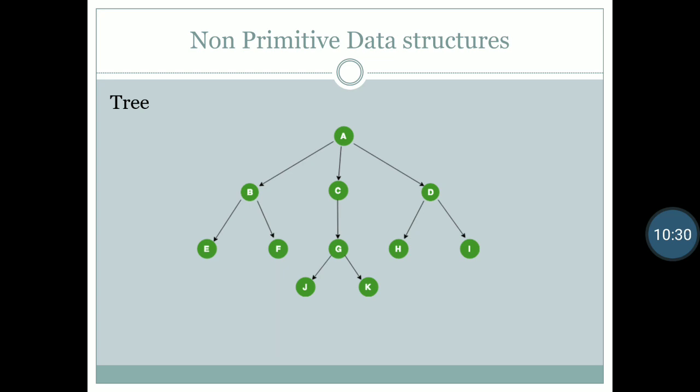They have 3 children B, C and D. B has 2 different children E and F. C has one child G. D has 2 children H and I, and G has 2 children J and K. So if we have to traverse a path from A to J, we have to connect nodes A, C, G and J. If we have to traverse the path A to H, we have to go through A, D and H. So this is a basic example of a tree.